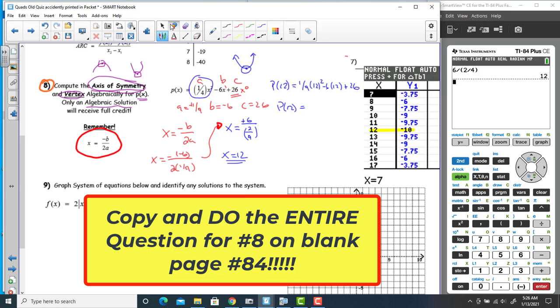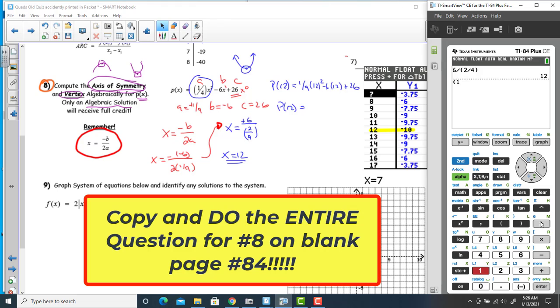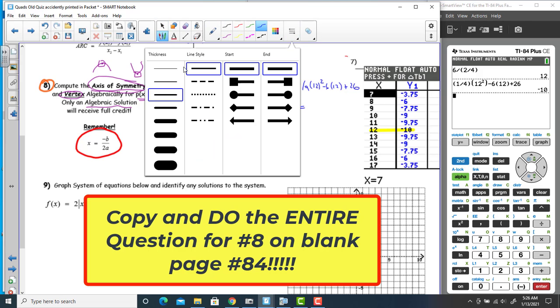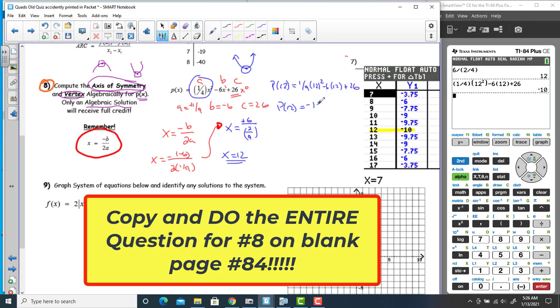The relationship evaluated 12 units of time from now is going to be equal to 1/4 of 12 squared less 6 times 12 plus 26. And we're able to determine that this relationship 12 units of time from now is going to measure -10. And because the relationship measures -10, 12 units of time from now, we can say that 12 comma -10 is the value of the vertex.